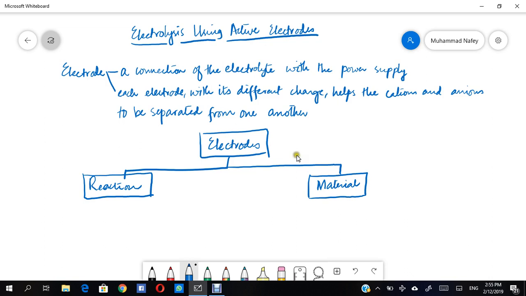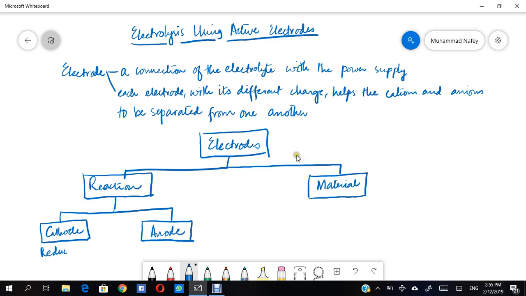Based on the first parameter, we called the electrodes the cathode and the anode. The cathode was the electrode at which reduction takes place, and the anode was the electrode at which oxidation takes place.